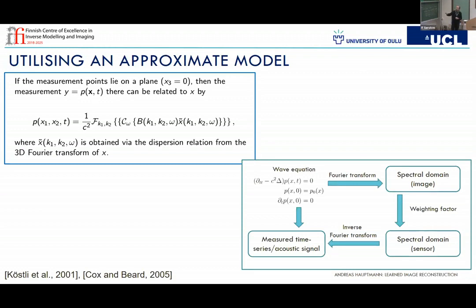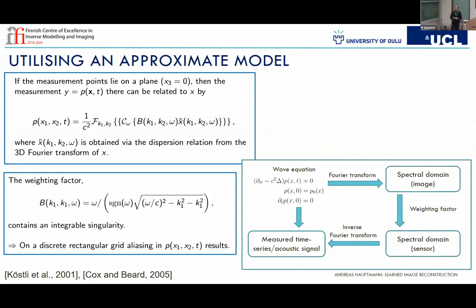That's nice, and it is especially done for the inverse. But the problem is this multiplicative factor. If we use it as a forward, this multiplicative factor has a singularity. It's integrable, so analytically not much of a problem, but in practice, if we discretize on a grid and want to use our FFT, we end up with either blowups or artifacts.